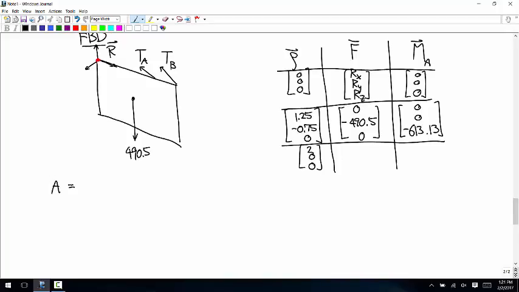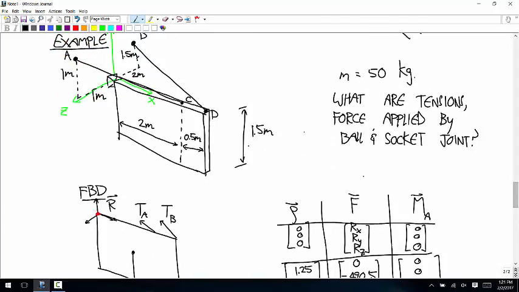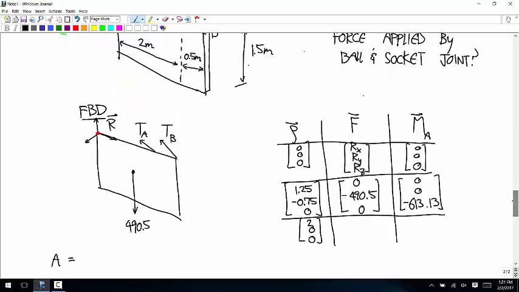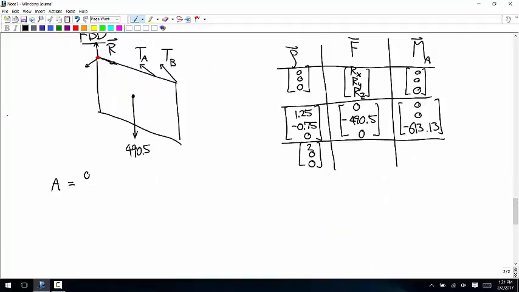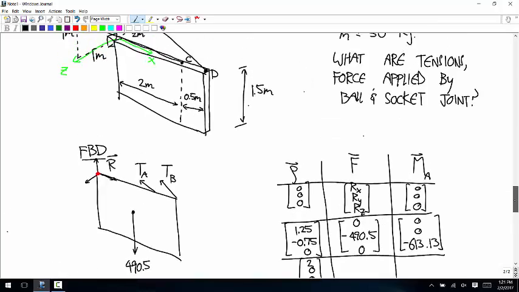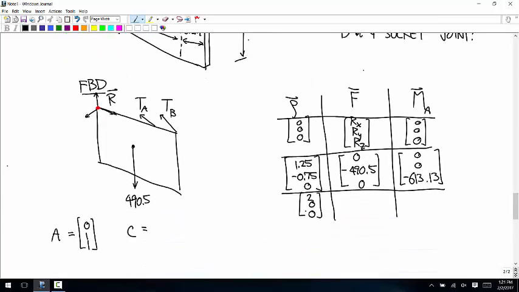So the coordinates of A in this coordinate system, what is that? Yeah. So 0, 1, 1. And the coordinates of C, I guess that's what we just did here. That's 2, 0, 0.